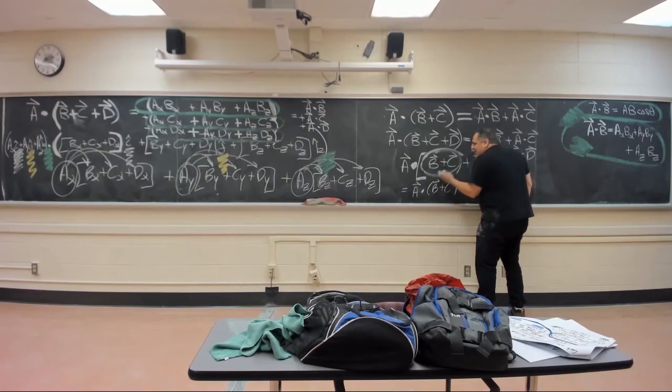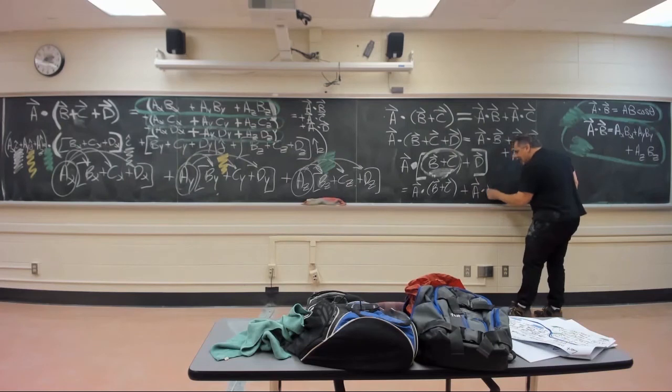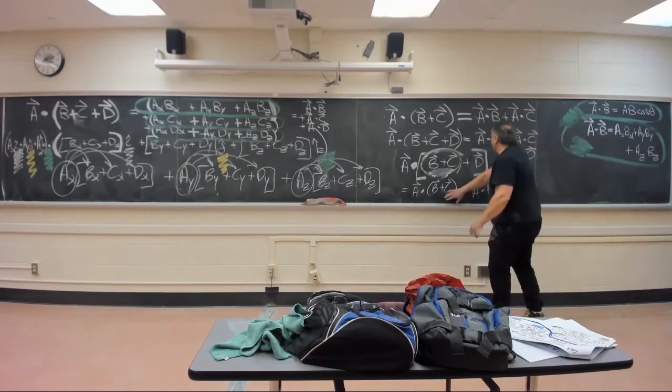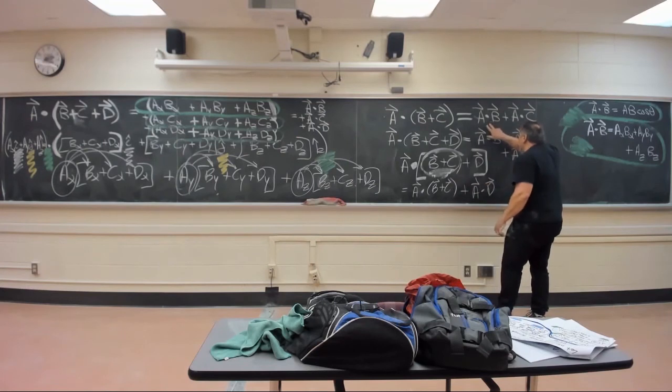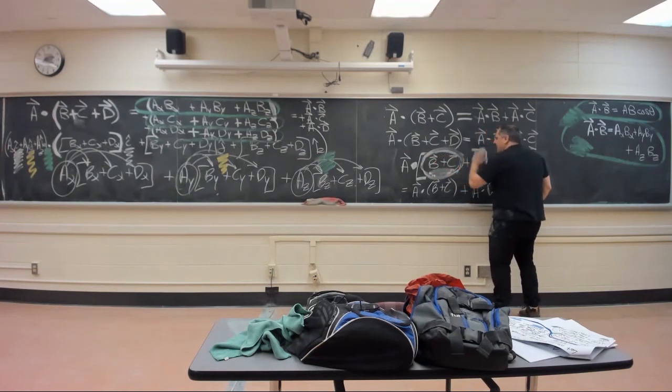That's the equivalent of a B vector. This whole thing is like a new B vector, a B prime vector. This plus A vector dot D vector. And we already knew that came out to A vector dot B vector plus A vector dot C vector, and this one. So you could treat this as a new B vector, and this is D vector.